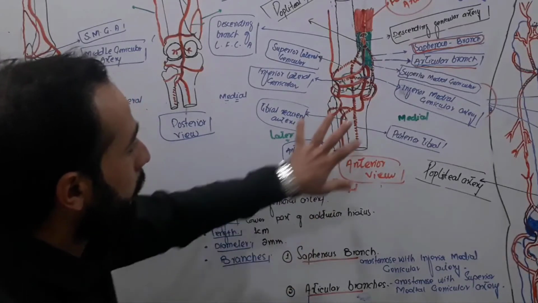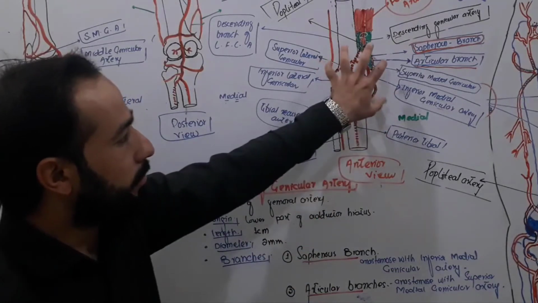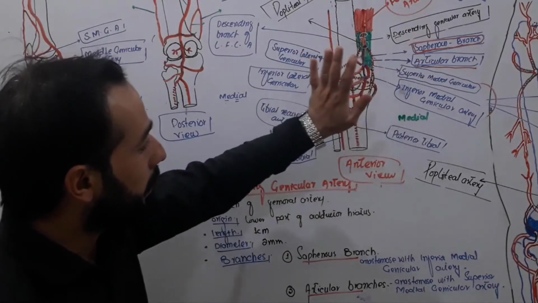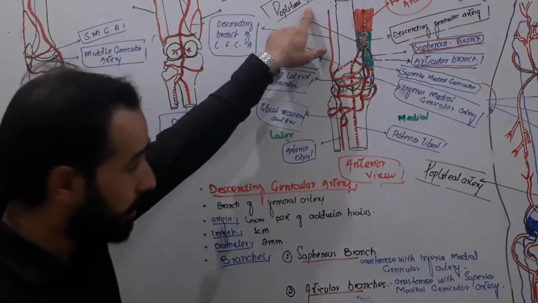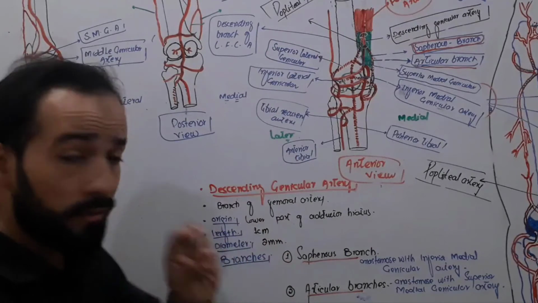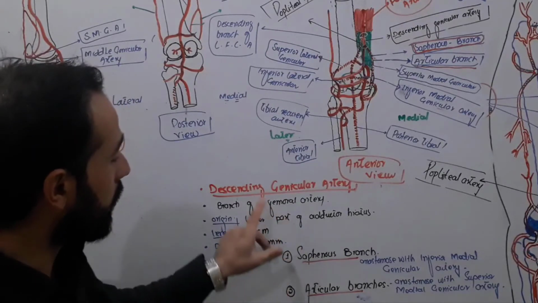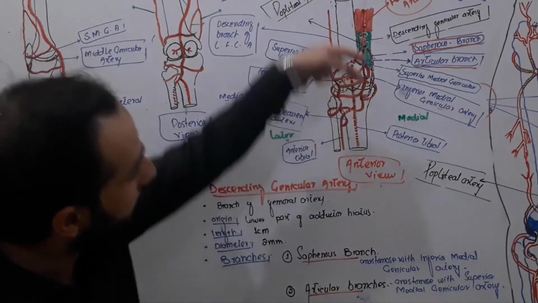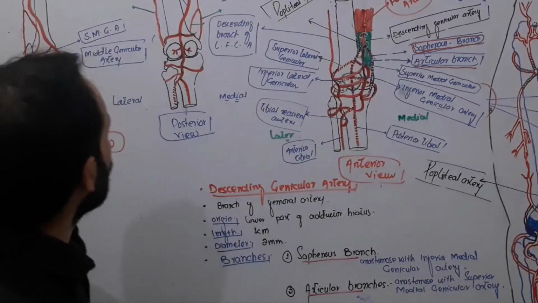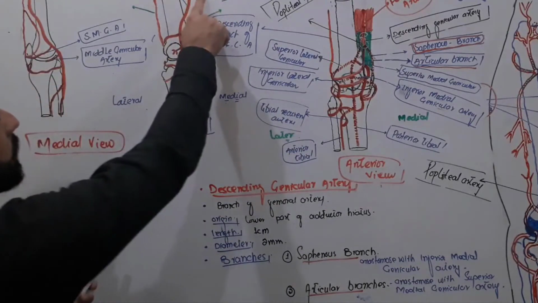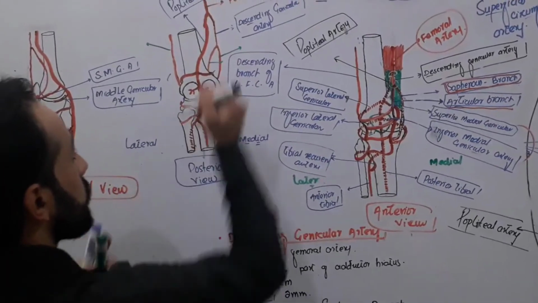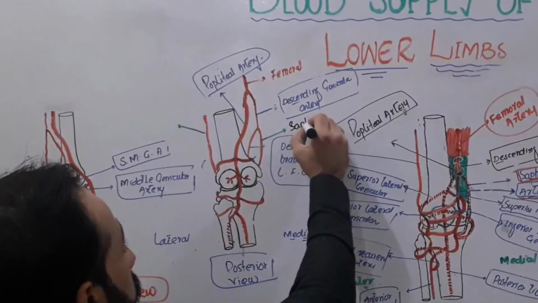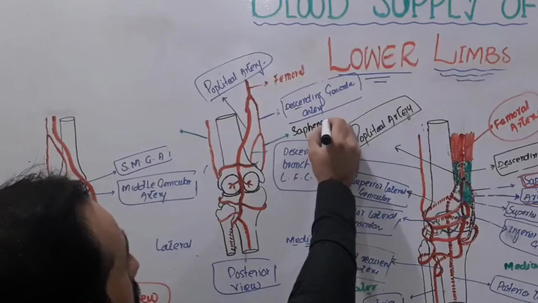So here we are finished with the blood supply of the knee joint. In the previous lecture I discussed the branches of the popliteal artery. In this very short lecture, we discussed the descending genicular artery and its branches. So here you can see, look, this is our descending genicular artery. This is its saphenous branch, right?